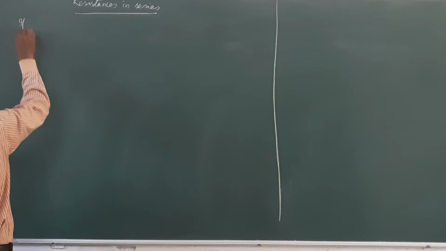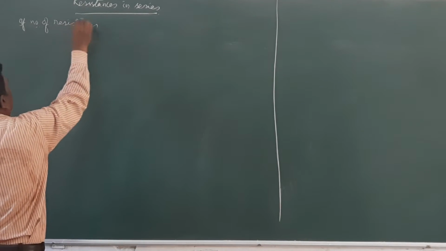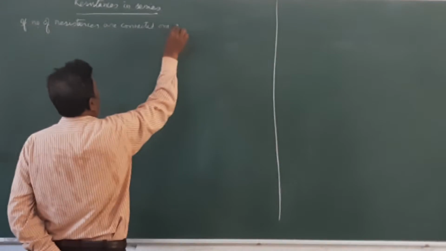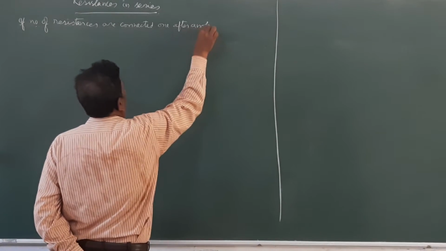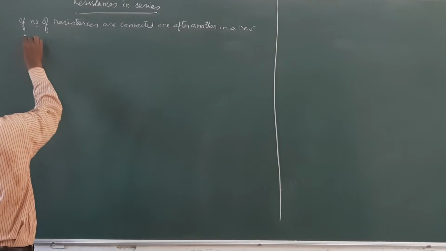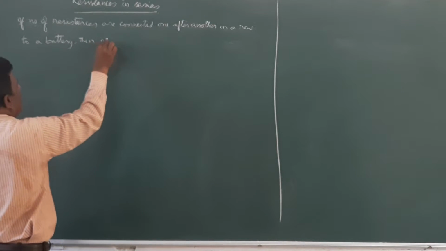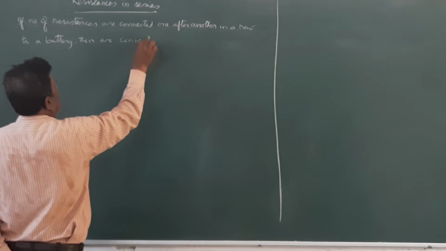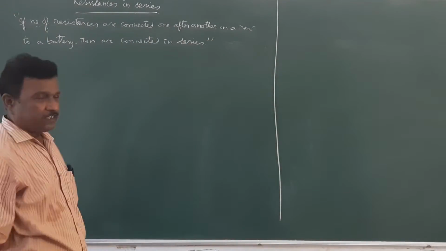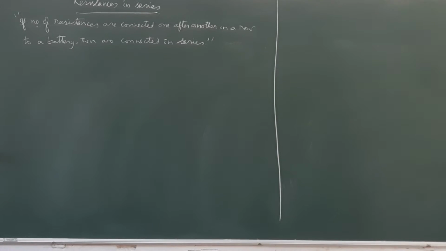If number of resistors are connected one after another in a row to a battery, then they are said to be connected in series.